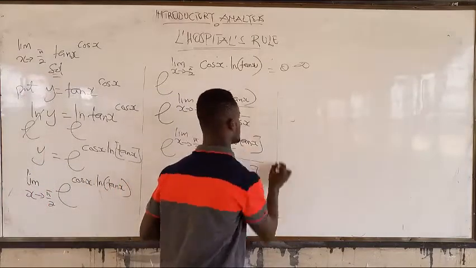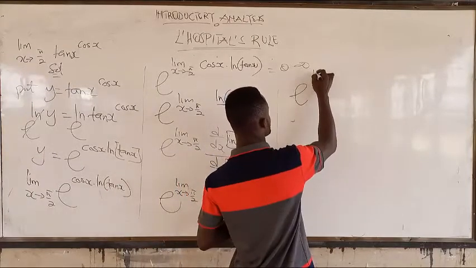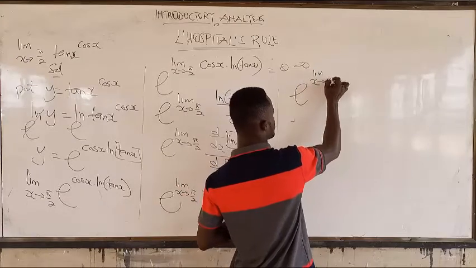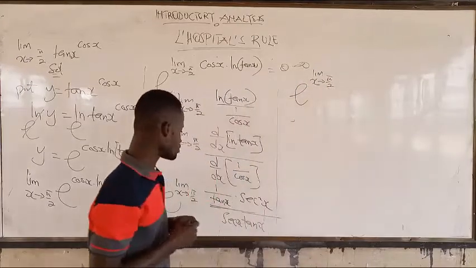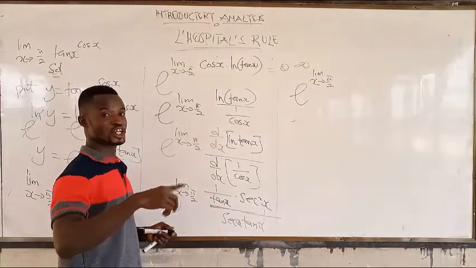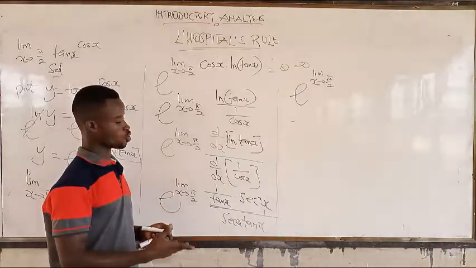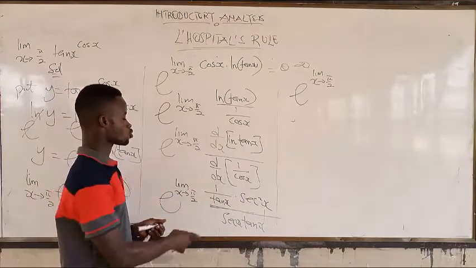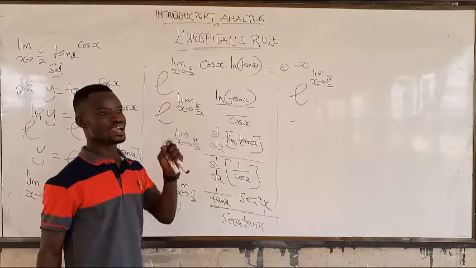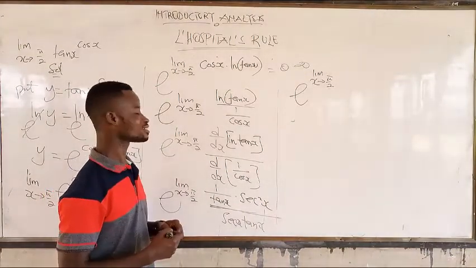So this is e raised to the power the limit as s approaches pi on 2. Let's look at something. 1 over tan x is cos over sine. Even if you don't know, tan is sine over cos. So 1 over sine over cos, the reciprocal gives cos over sine.